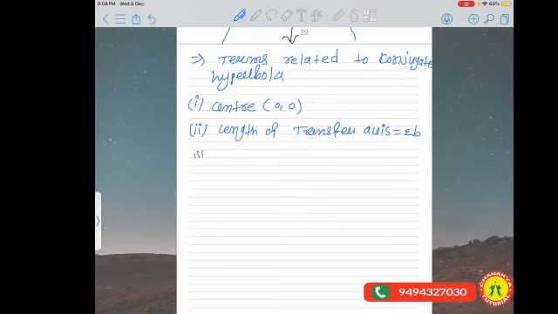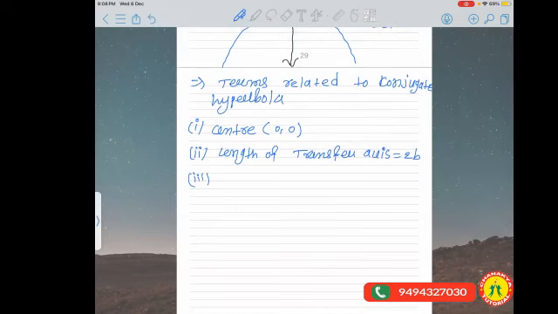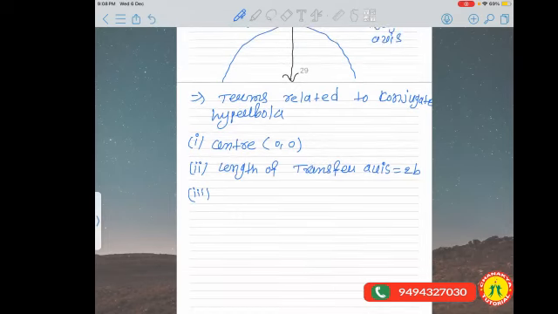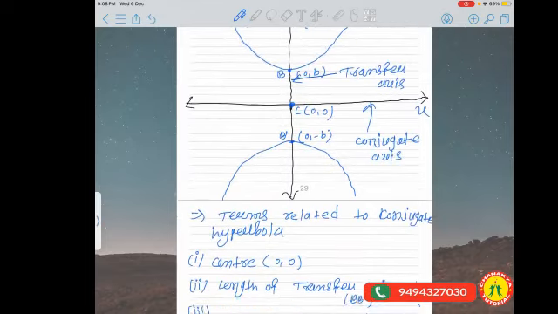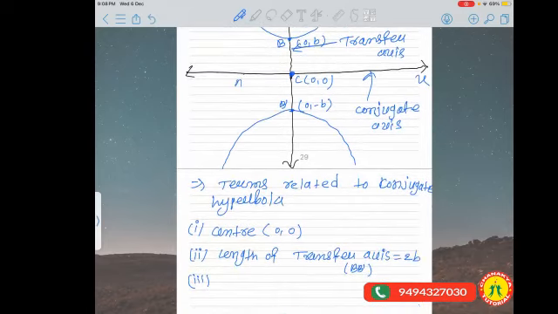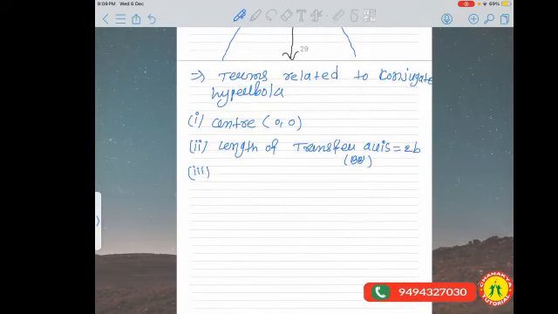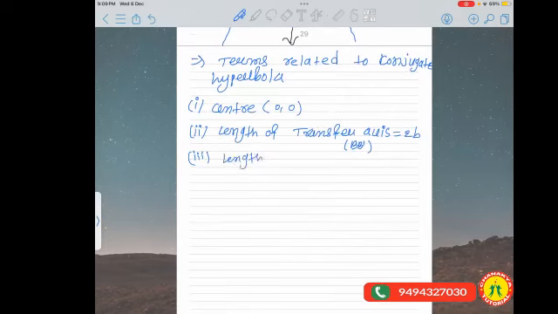Now the length of the conjugate axis: let A dash be minus a comma 0 and the other point a comma 0. So the length of the conjugate axis is 2a.